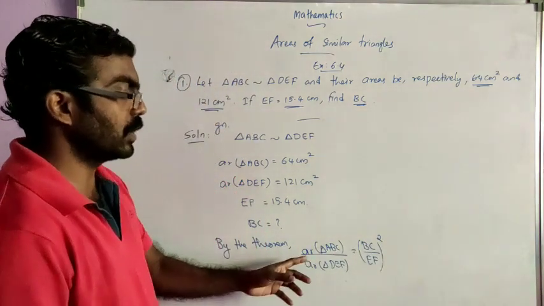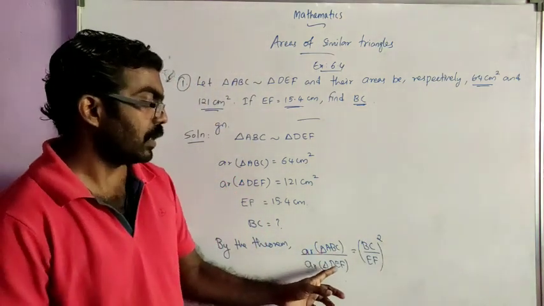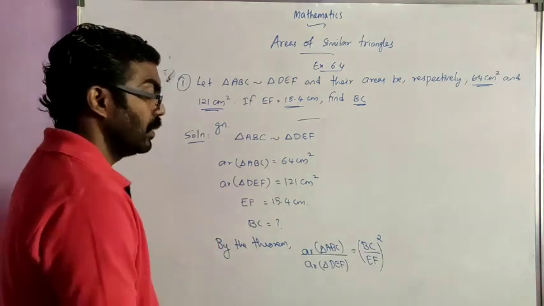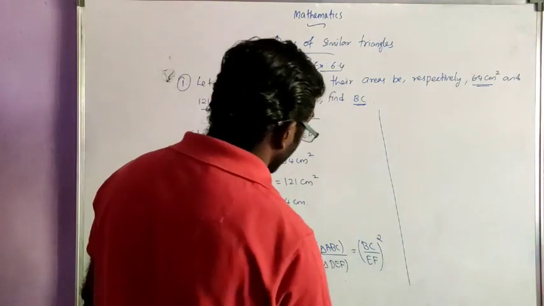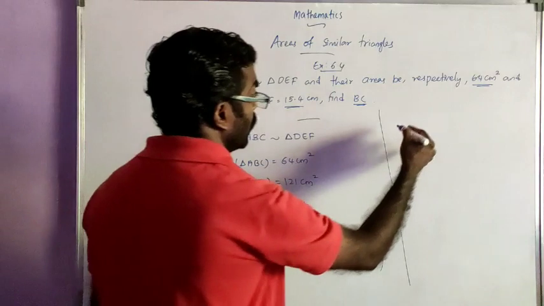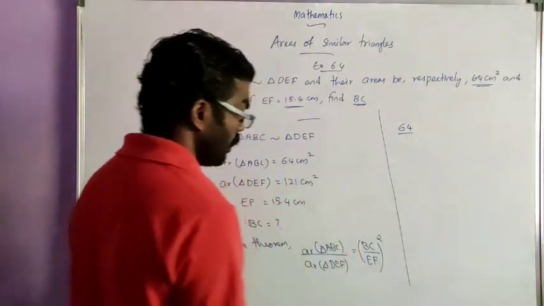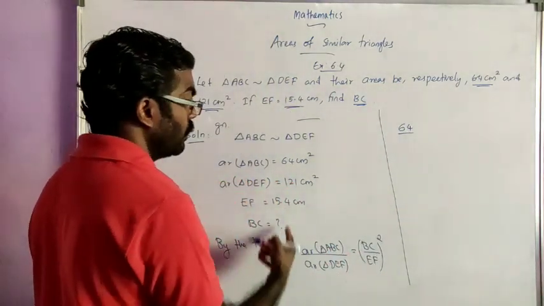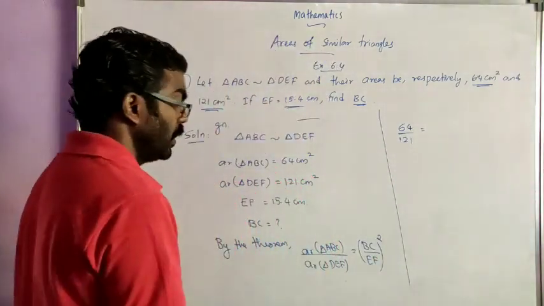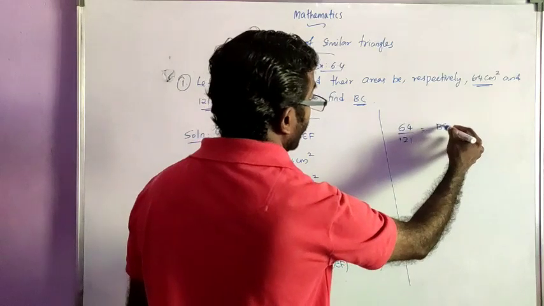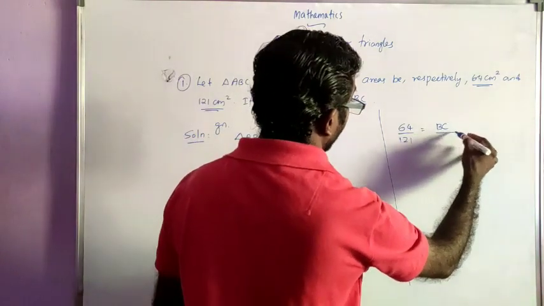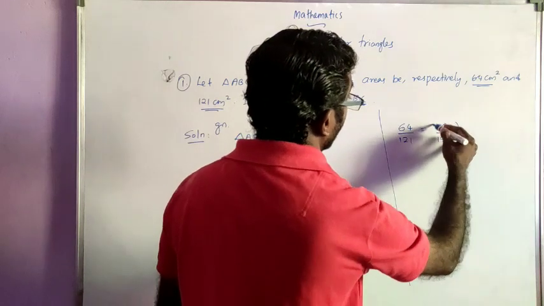BC is the corresponding side of triangle ABC and EF is the side of triangle DEF. We can put the known values. Area of triangle ABC is 64, divided by area of triangle DEF, given as 121, will be equal to BC, which we have to find out, by EF, given as 15.4, the whole square.